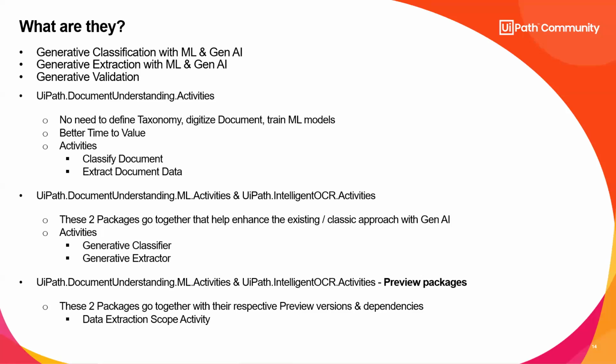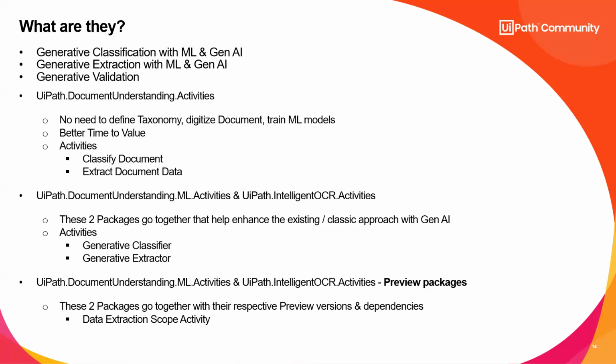These are the features that I'm going to cover: the generative classification, extraction, and validation with ML and Gen AI. The first package that I have listed here is the newest of the packages. Using this package, you will not need to define any taxonomy, no need to do the digitization, and no need to train any ML models. This is very simple, and it just has two activities: classify document and extract document data.